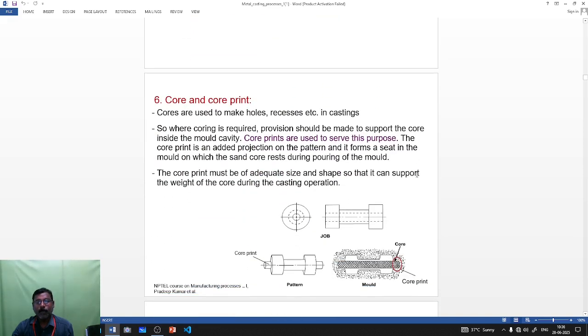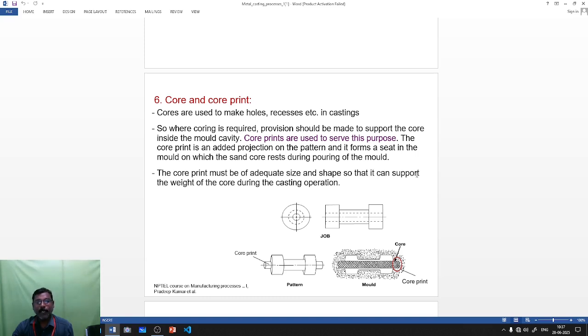Then core and core print. So cores are used to make holes, recesses, etc. in castings. Where coring is required, provision should be made to support the core inside the mold cavity. So core prints are used to serve these purposes.